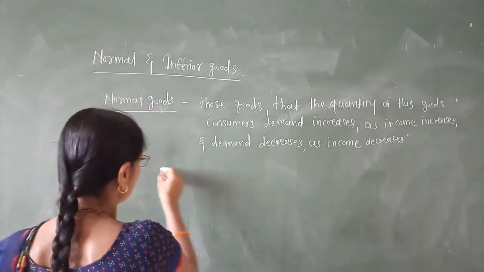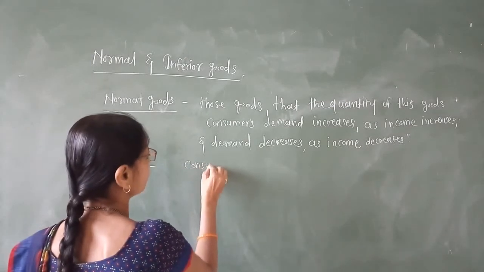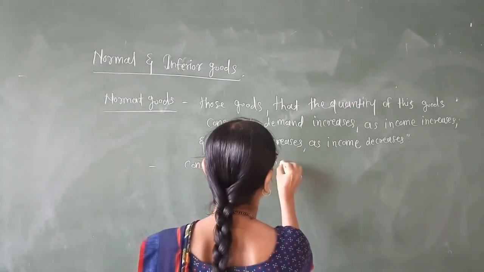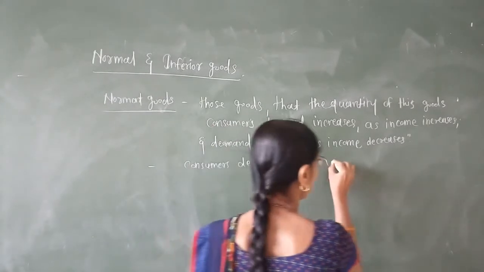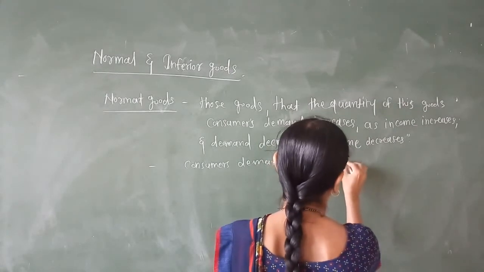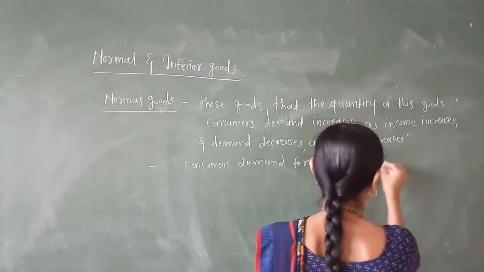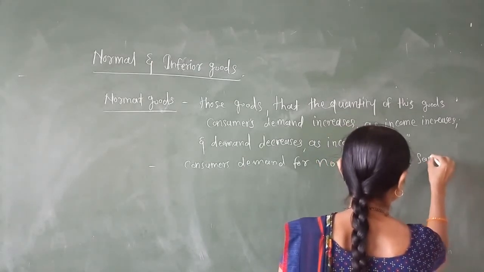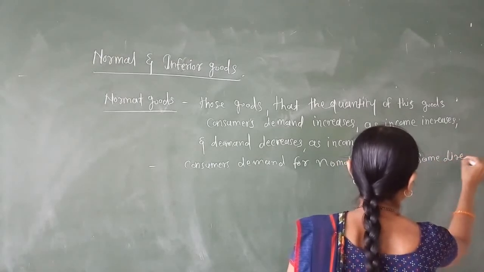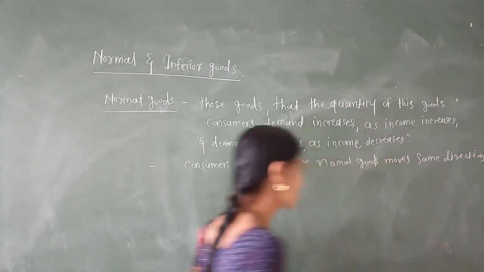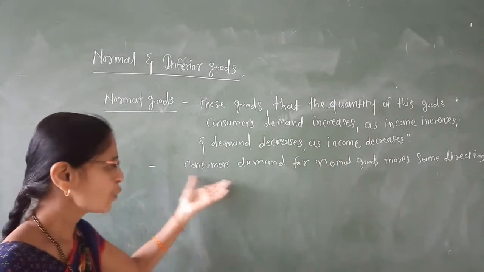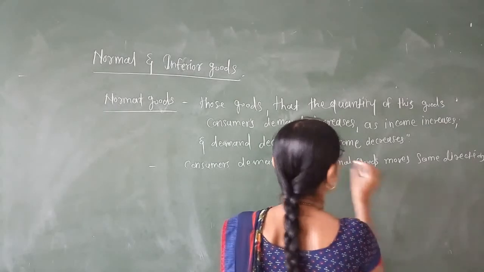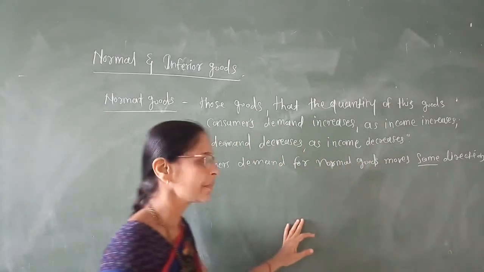Here the consumer's demand for a normal good moves in the same direction as income.